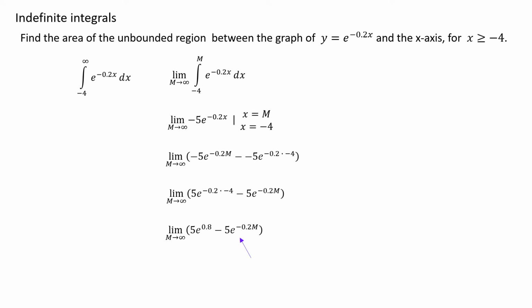But now, as m approaches infinity, this term here turns out to approach 0. And here's the reason. Think of a negative exponent as a reciprocal. What's happening to this expression on the far right as m approaches infinity is the denominator is getting bigger and bigger and bigger, and hence 5 over something that's getting bigger and bigger and bigger is approaching 0.